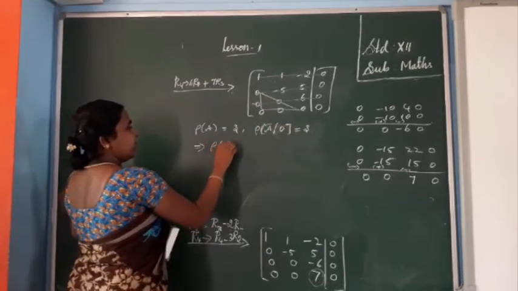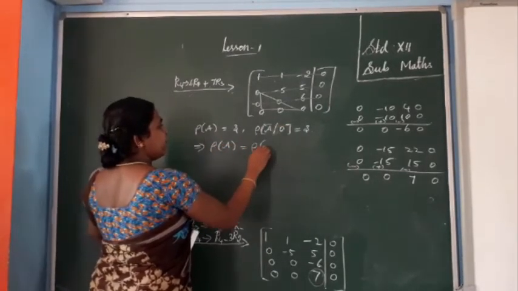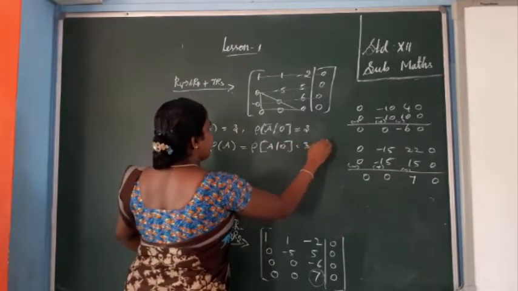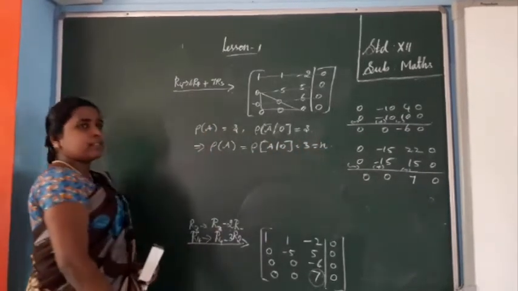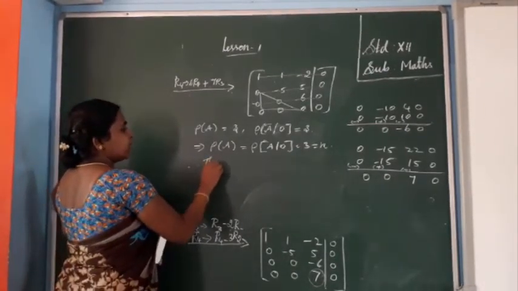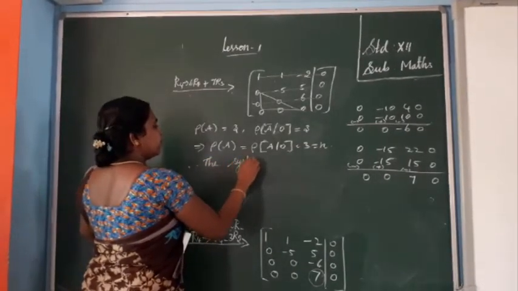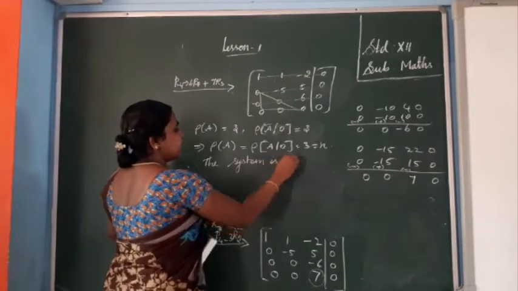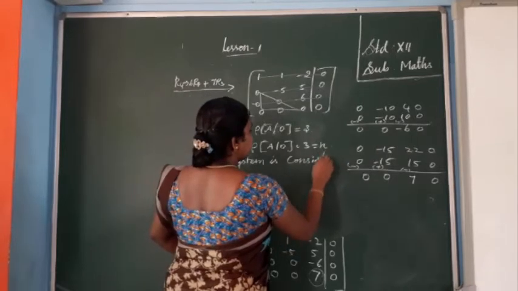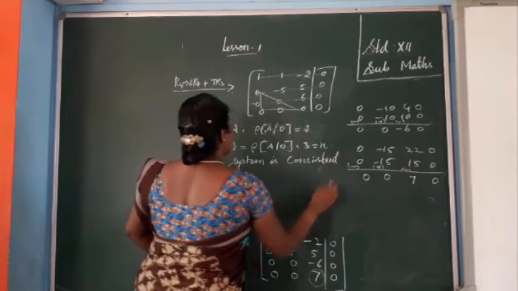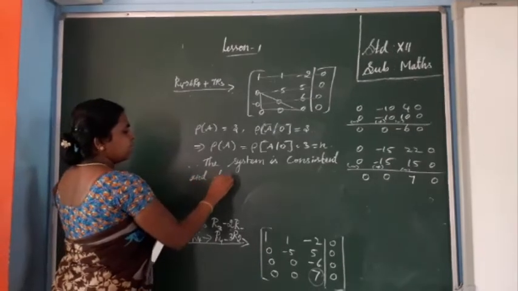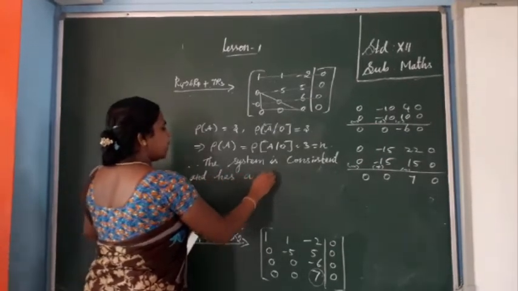So we got rank of A equal to rank of the augmented matrix equal to 3, equal to the number of unknowns. The number of unknowns in this question is also 3. Therefore the system is consistent and has a unique solution.